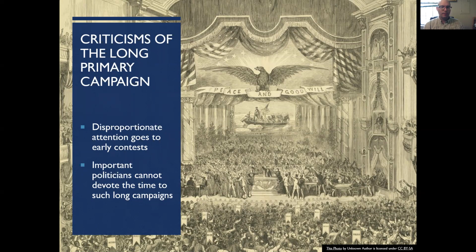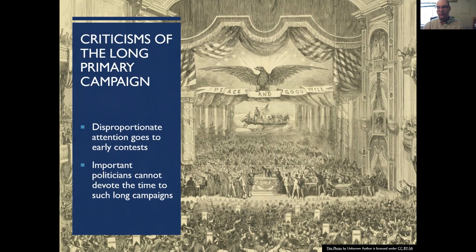Hillary Clinton, former Secretary of State and Senator. Joe Biden, former vice president. Mitt Romney, former governor. They weren't even in office when they were running. Jeb Bush, former governor of Florida. So sometimes it's people who are already retired, but for people who are already in office, it makes it hard.